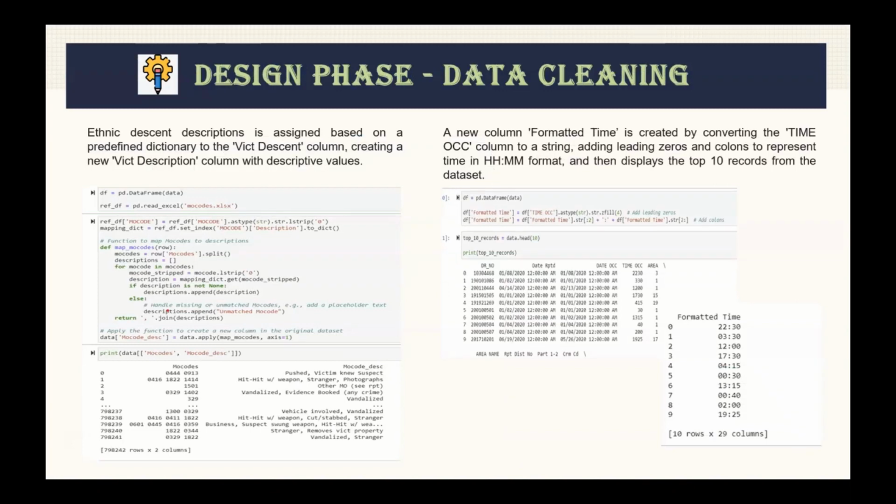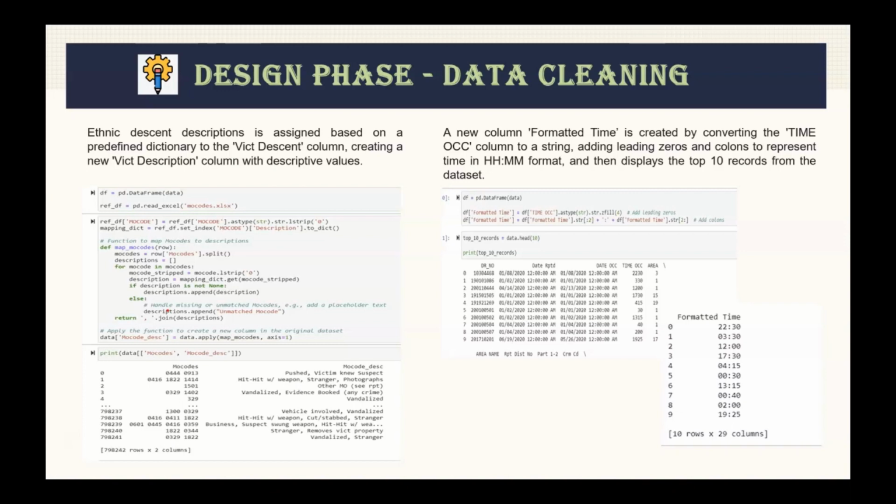Moving on comes the design phase. The first part is data cleaning. We have a column named Mocode that consists of specific codes that describe the important characteristics of the crime. That information was not enough. But after using some custom functions in the Jupyter notebook, we were able to get descriptions for each code and added them together.